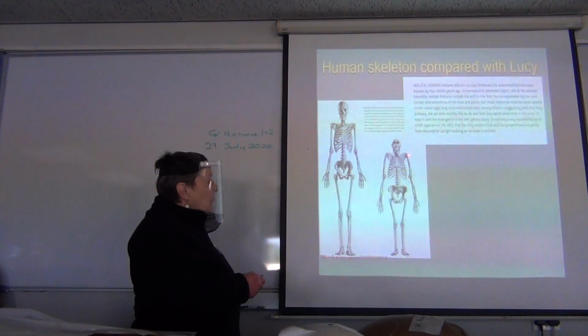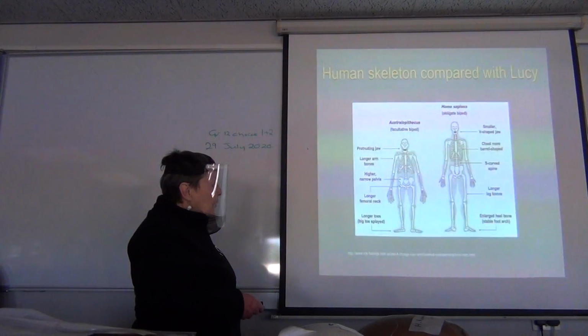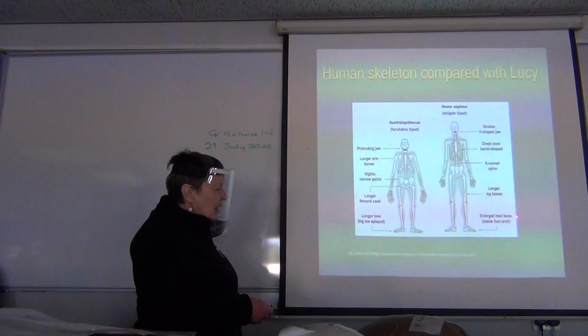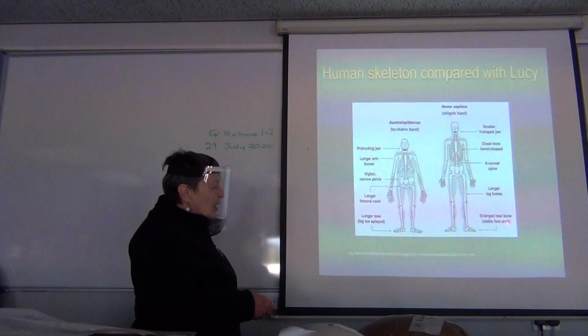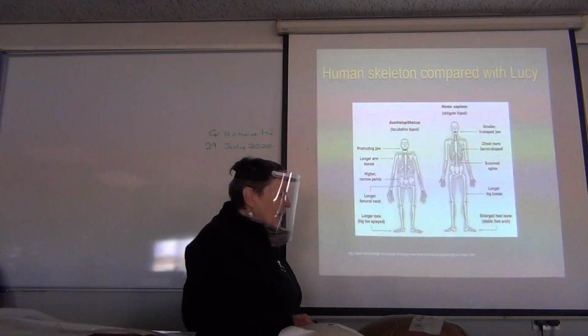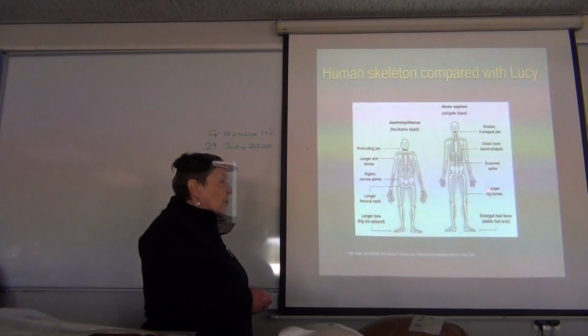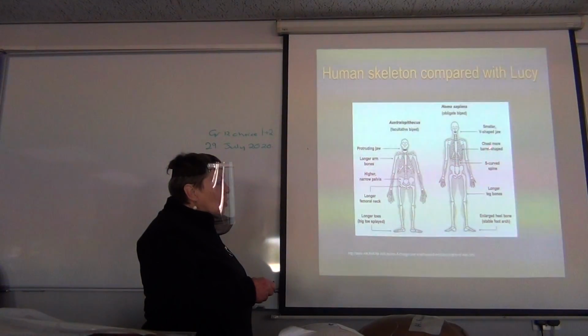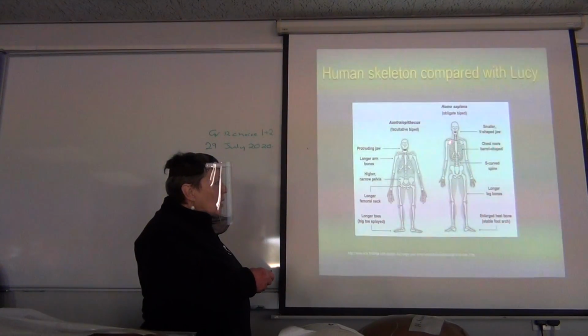This kind of pectoral girdle was very good for climbing trees. Okay, so there's another. Longer toes with the big toe at an angle, which tells you that they climbed, whereas humans have an enlarged heel bone. That's because we walk bipedally, land on the heel, push off with the toe. Longer leg bones, okay. S-shaped vertebral column, they call it a spine. Please try and remember to call it a vertebral column.